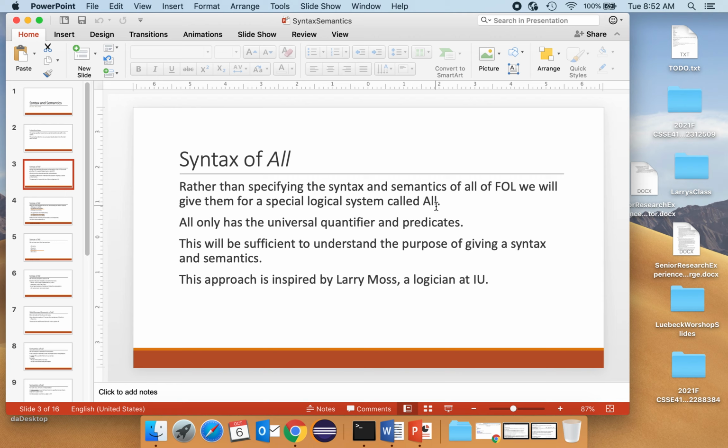So what we will do, as I mentioned, is give the syntax and semantics of All, which is a fairly powerful logical system. It only has universal quantifiers and predicates, actually nouns to be specific. Technically, the only predicate is 'are': X are Y. So it will be sufficient to understand why we need to give a syntax and semantics.